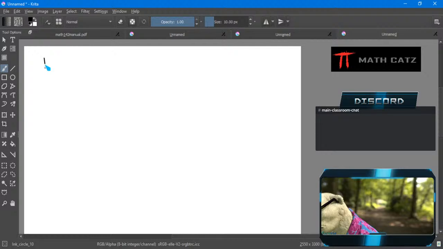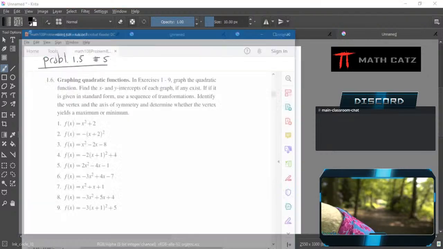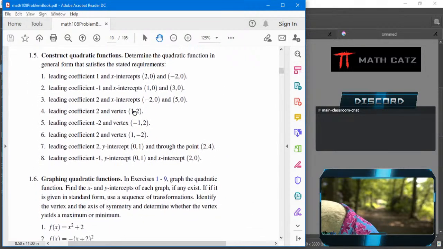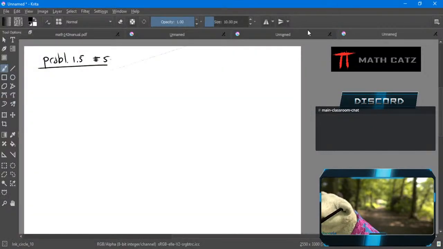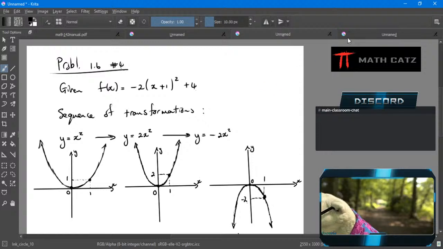I want to do problem 1.5, number 5, just because it's a little different, so why not? Number 5. So I want to make any quadratic function you want as long as it satisfies the requirements. And in number 5, my leading coefficient, which is the a, let me name that.